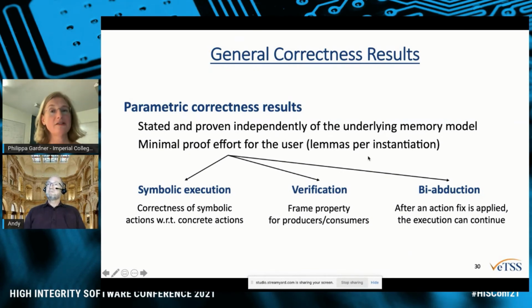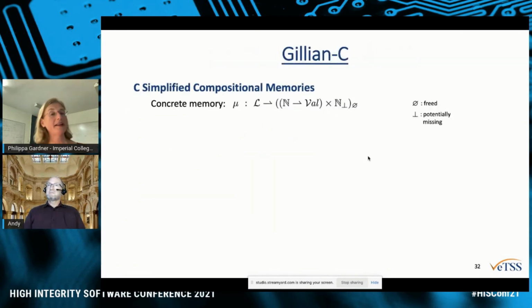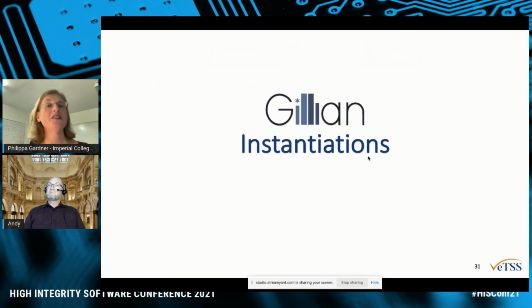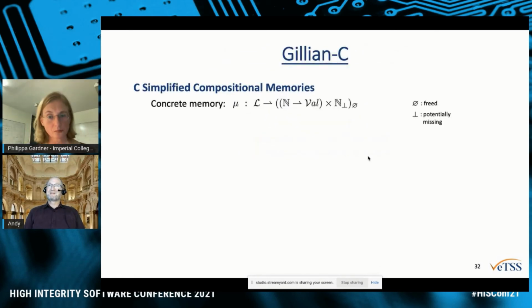So I'm just going to now describe a little bit about the instantiation. I'm going to have to go through this a bit quickly, I'm afraid. So I'm going to talk about C. This is simplified C. In our implementation, we've done an awful lot of the bells and whistles of the C memory model.